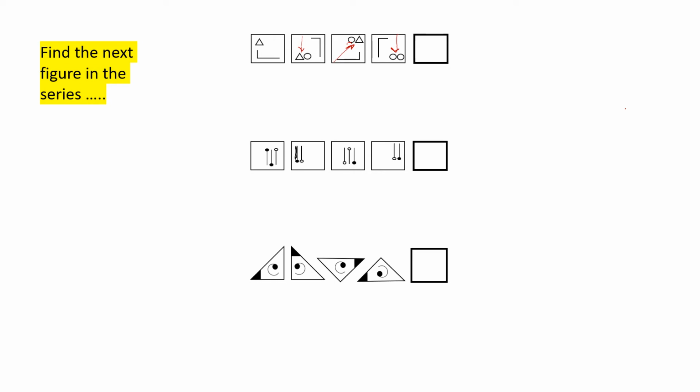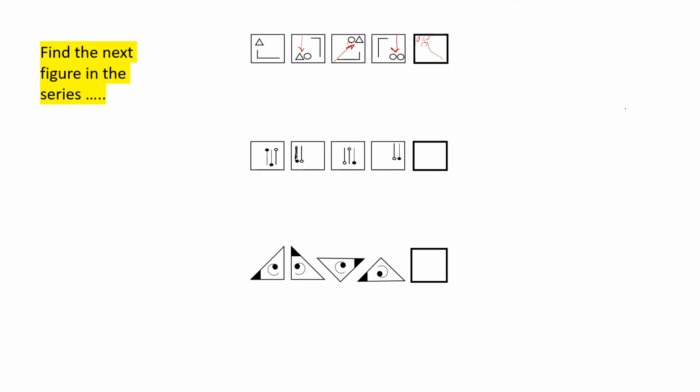So for the last box, we know that the two circles will move diagonally, and then these two will be shaped as two circles at the top leftmost corner.